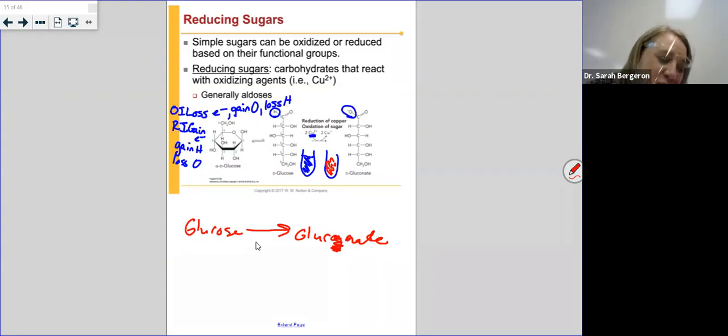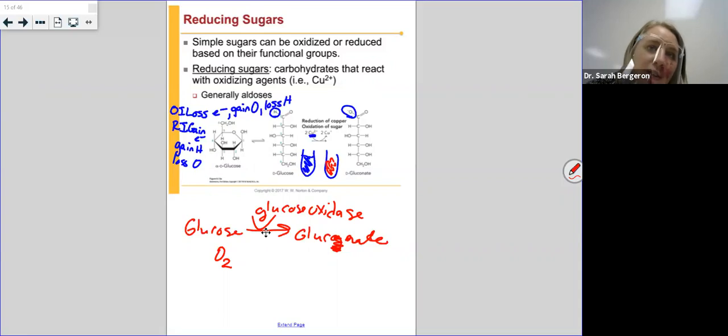And so you do this with an enzyme. You do this with glucose oxidase. But what happens in this process with glucose oxidase is that you have to do this in the presence of O2. And when you do this in the presence of O2, you make H2O2, hydrogen peroxide, right? And then we can take advantage of the presence of this hydrogen peroxide.